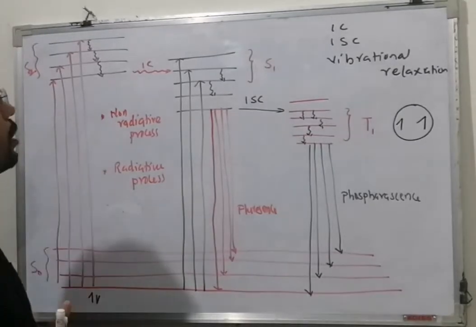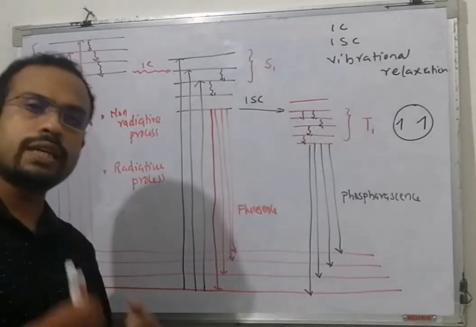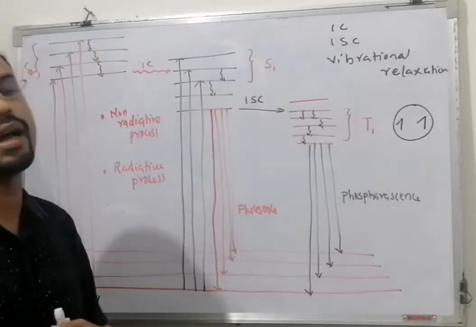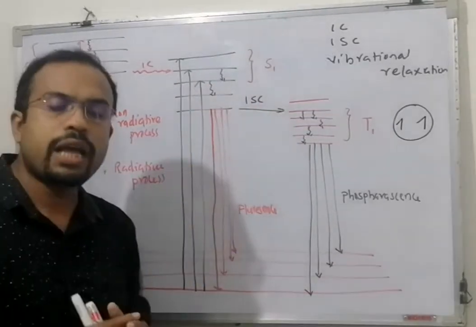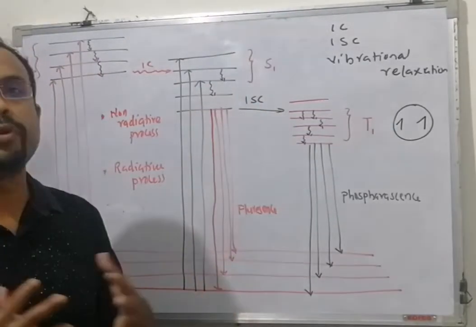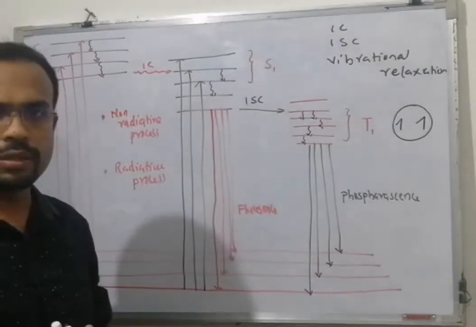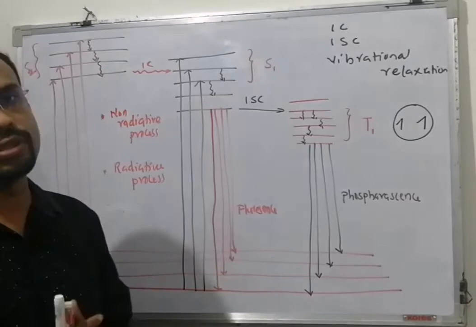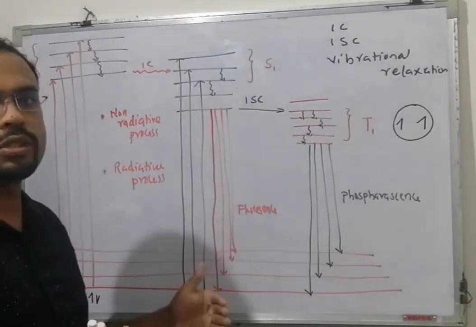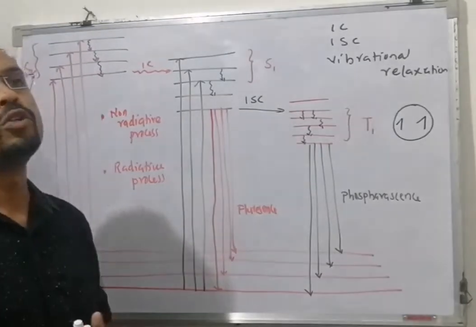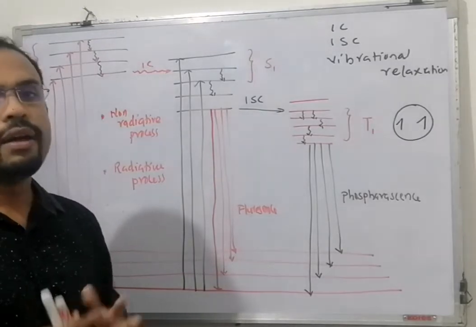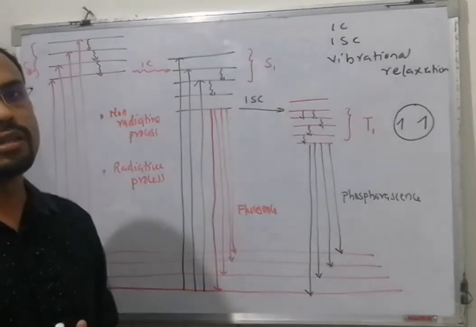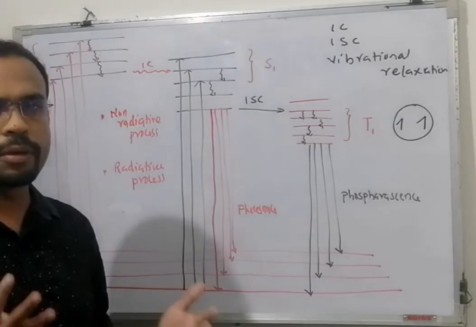In non-radiative processes, the molecule will undergo de-excitation and emit its higher energy through these ways, and heat will be produced due to these processes. Be careful, heat will be produced. When a molecule is de-excited through non-radiative processes, what will you get?